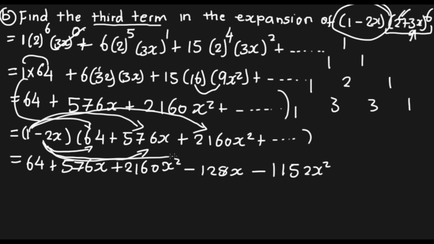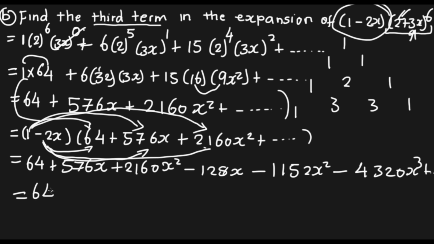Then the other one we just multiply. Negative 2x times 2160x squared will give us minus 2160 times 2, getting negative 4320x raised to the power 3.